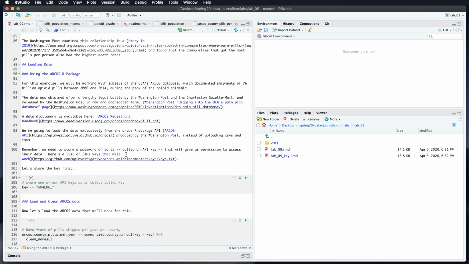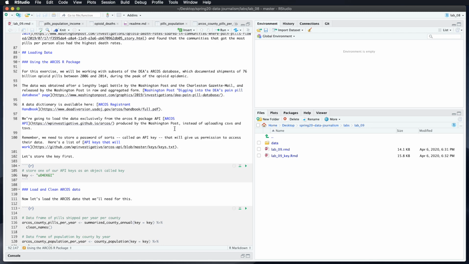Again, the ARCOS database is a database that the Washington Post and the Charleston Gazette-Mail got after a lengthy legal battle with the government to get this data set of shipments of billions of opioid pills between 2006 and 2014. There's all the documentation.